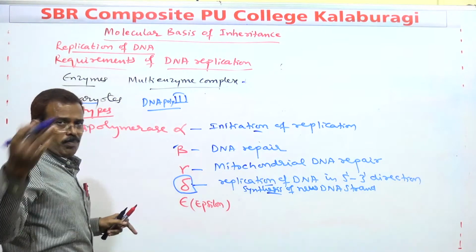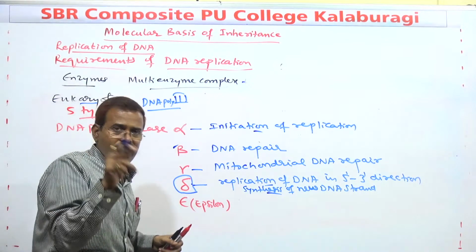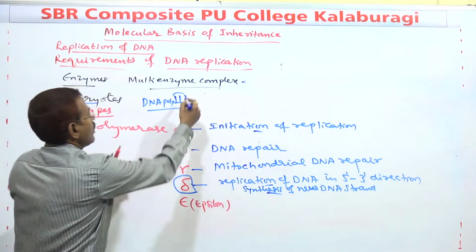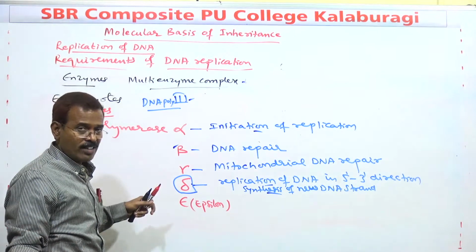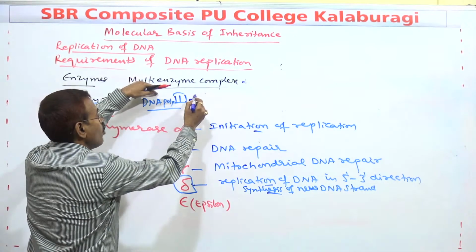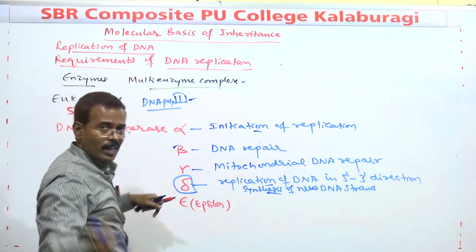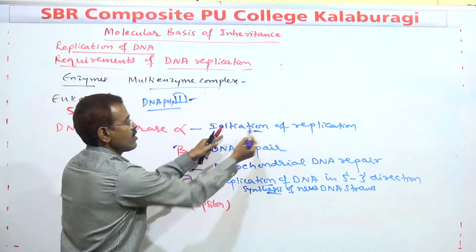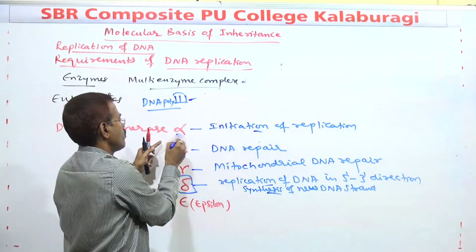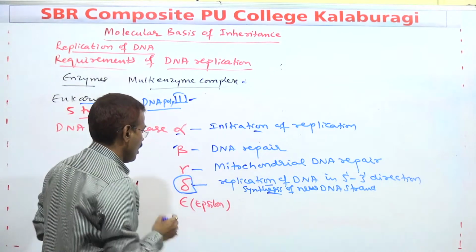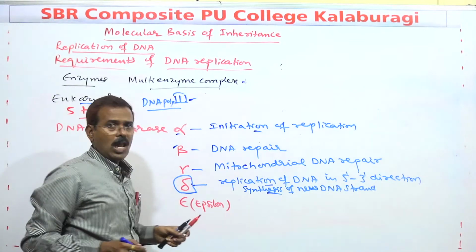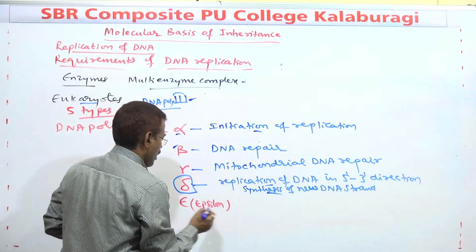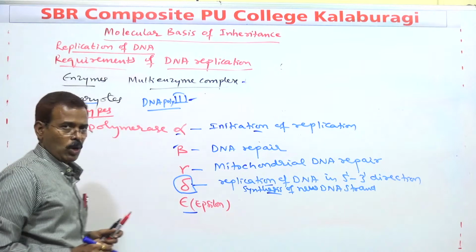So in prokaryotes, initiation and elongation are both carried out by DNA polymerase 3. In eukaryotes, initiation of replication is carried out by DNA polymerase alpha, and delta is usually involved in elongation. Then DNA polymerase epsilon.